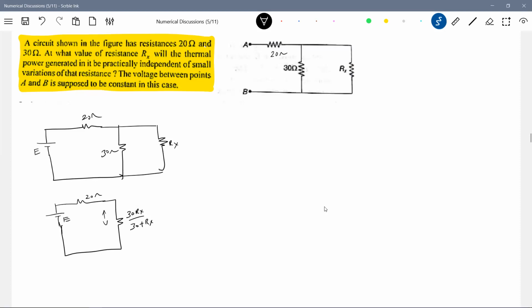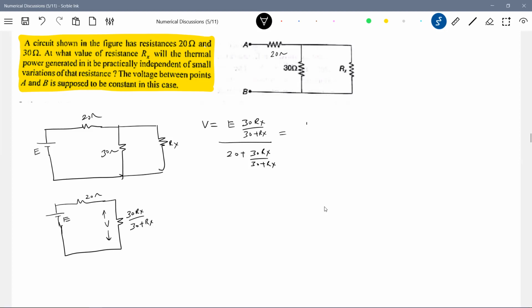So can we use the potential divider formula? V1 or anything you can apply. Let me write only V. What is the expression for V? V will be E into the resistance of that, 30 Rx by 20 plus 30 Rx by 30 plus Rx.